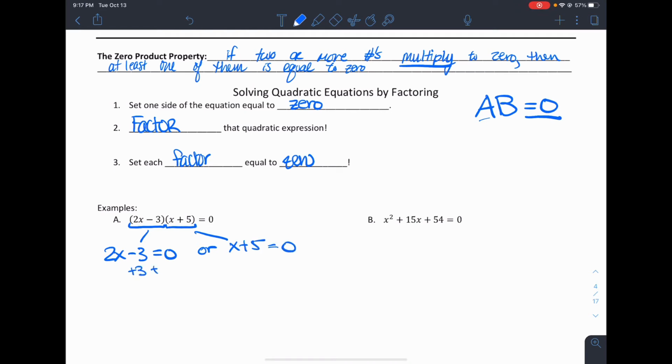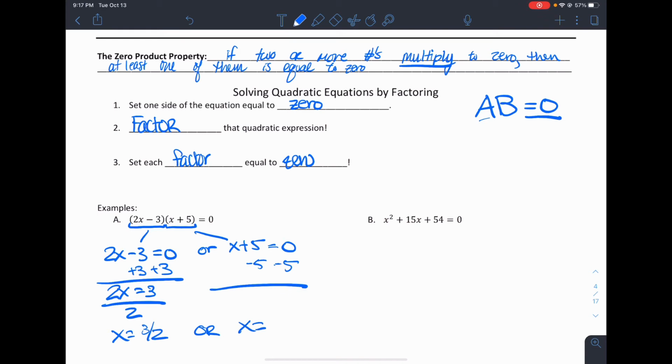So I solve both equations, and I get x equals 3 halves, or x equals negative 5.